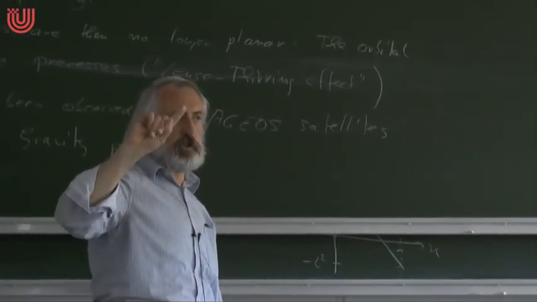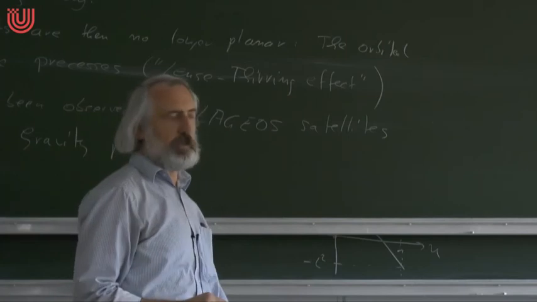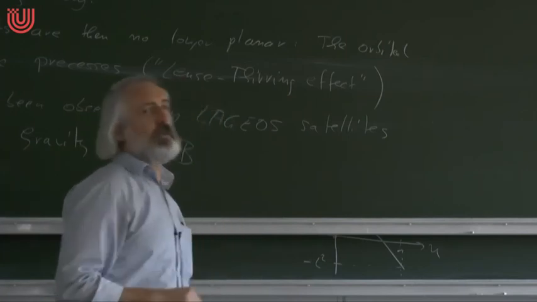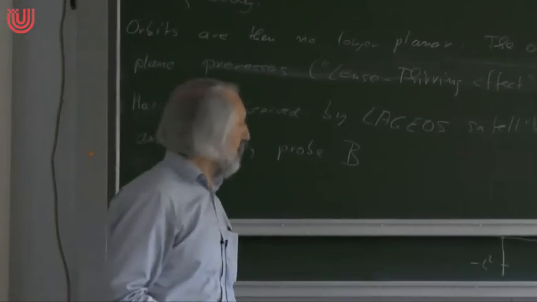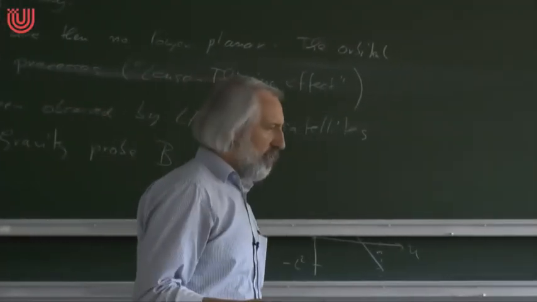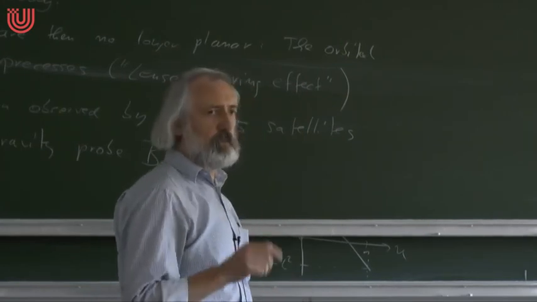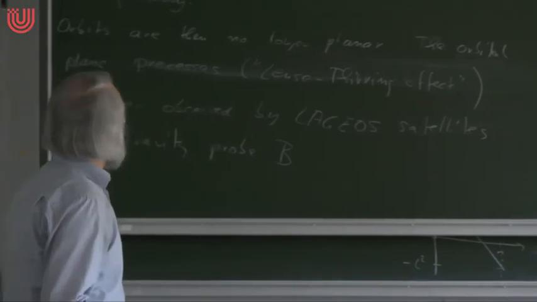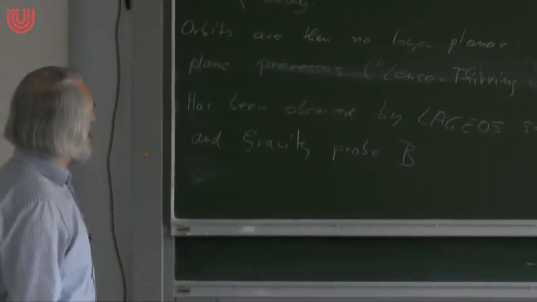If you have a spinning particle, then also the spin is influenced by the central rotating body. This also goes under the name of Lense-Thirring effect, although it was not discussed by Lense and Thirring. It was discussed much later by Schiff, I think around 1960. So it should be called the Schiff effect. This would be a better name. But sometimes Lense-Thirring effect goes as a general name for all this.